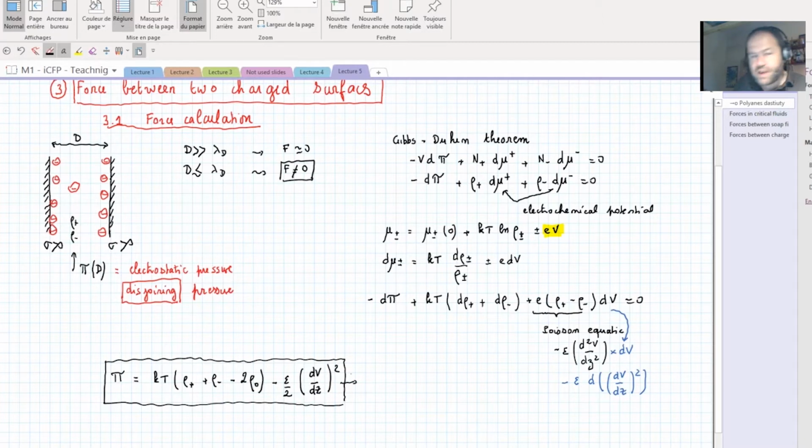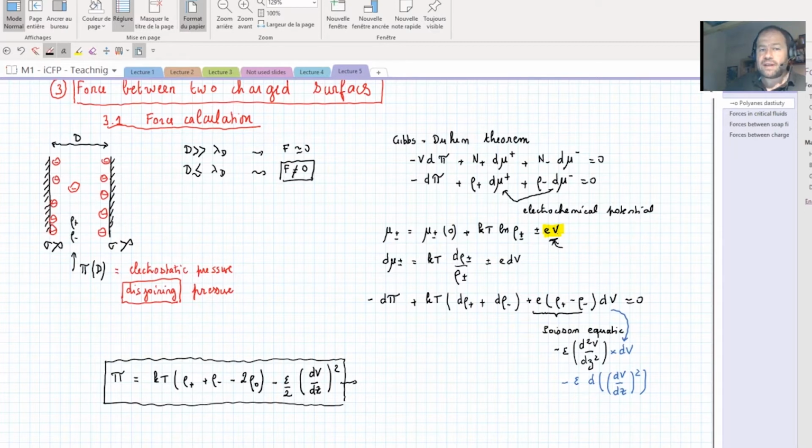But it shows that the pressure in between the two surfaces... Here in the chat, your question, Basil, is related to this equation. Well, it is just that you assume that in between the two surfaces you have an electrical potential, and the electrical potential in these equations will depend on the local value of the potential.